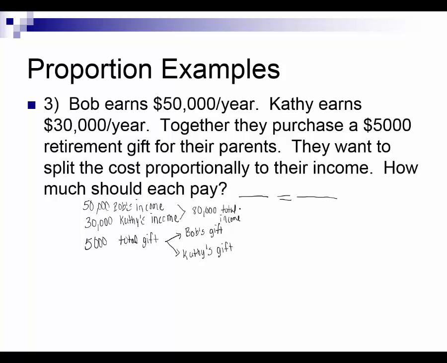So now I know the total income as well as the total gift, and this is going to enable me to solve. So I know that I'm going to make a bigger fraction over here, big long fraction bar, because I have such long labels, and another long fraction bar. I'm going to work with Bob first. And so we know that Bob's income is 50,000.